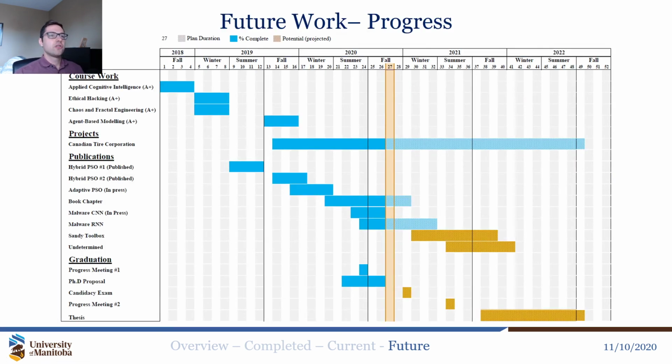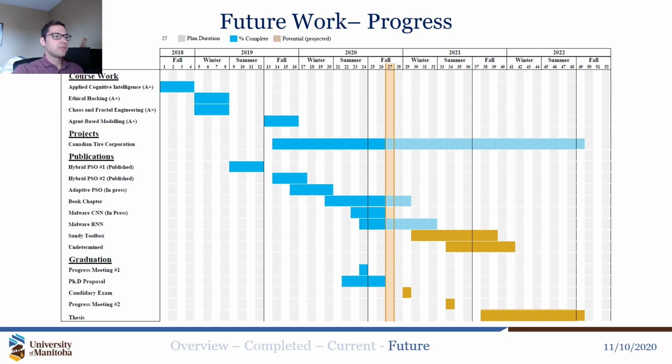And this slide just goes to show my progress so far as a student, having finished 1 year of this project. In terms of coursework, I completed all of it in my first year. In terms of the Canadian Tire Corporation and my 3-year internship, I've finished the first year of the 3-year commitment.